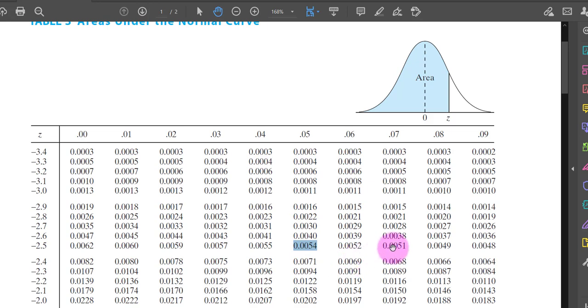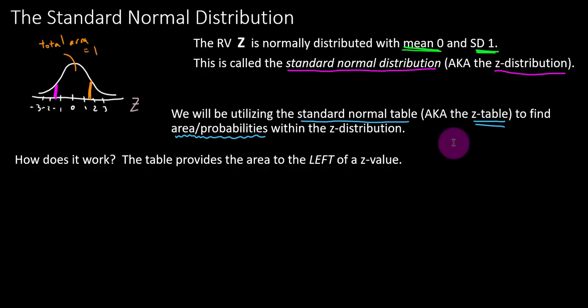I'm going to write that down, and we're going to do a lot of examples to illustrate how we use this table. So this video is dedicated to introducing this standard normal distribution and how to find probabilities associated with it via the Z table or standard normal table. That table works by providing the area to the left of a Z value.